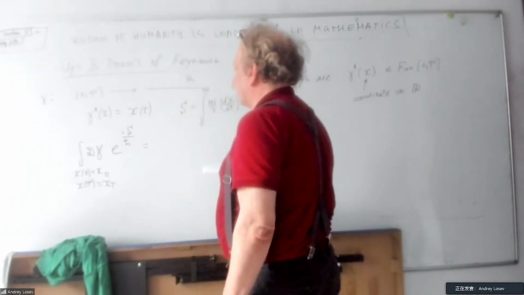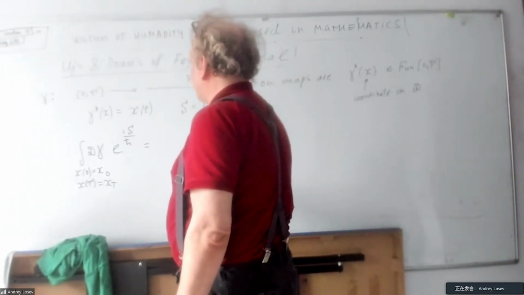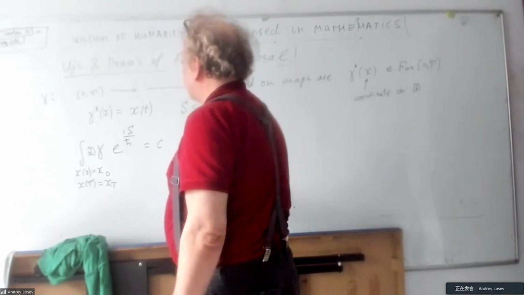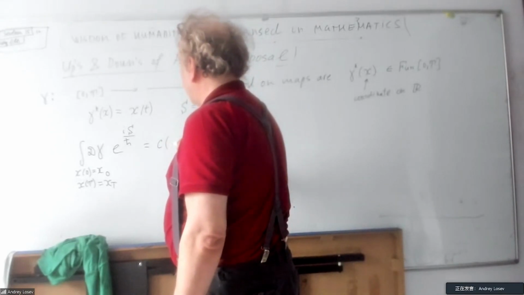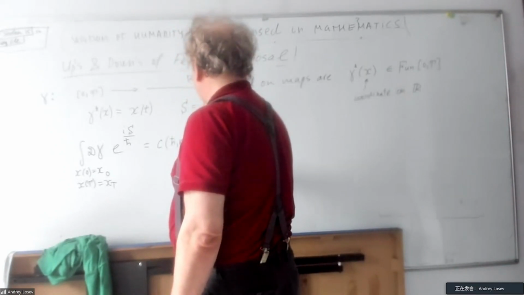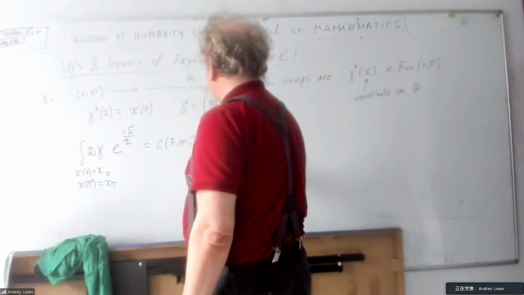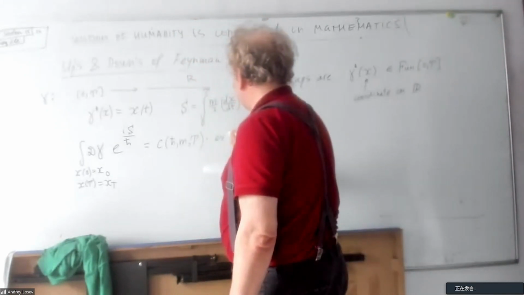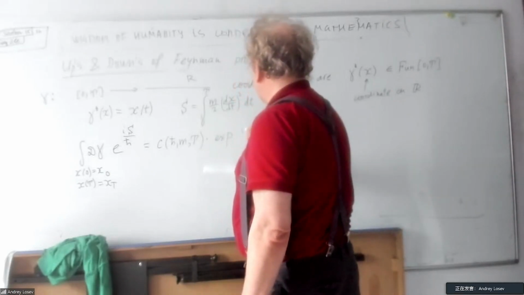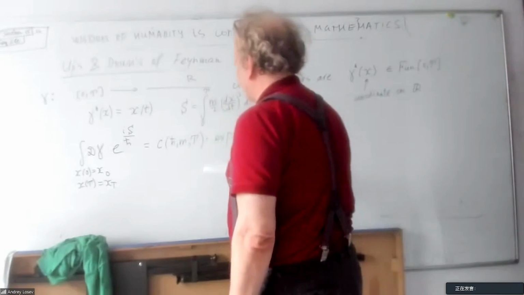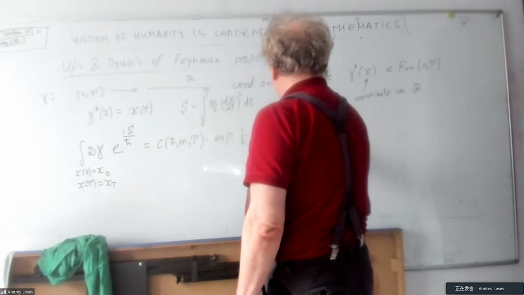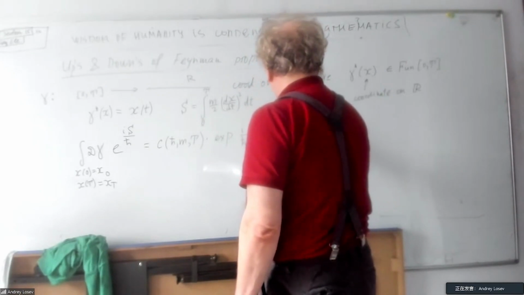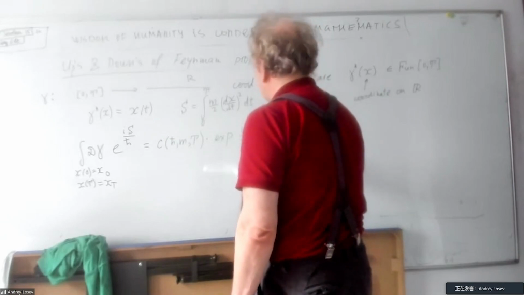And what we discussed last time is that this integral is some function that may depend on what? That may depend on h bar, m, T, times exponential i over h bar, m capital, xT minus x0 squared over 2T.